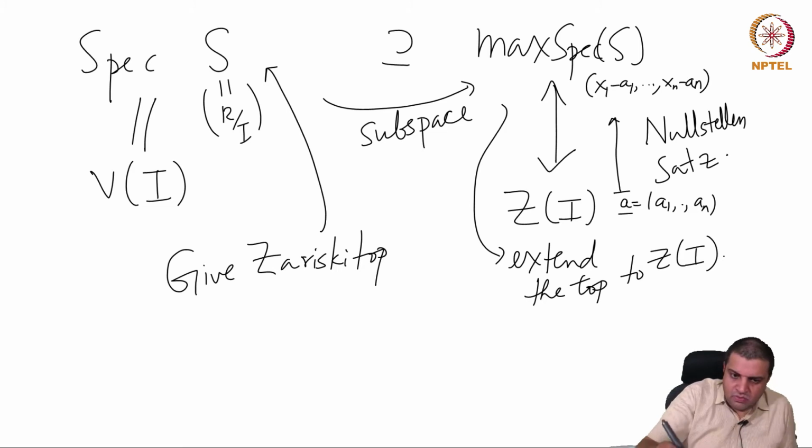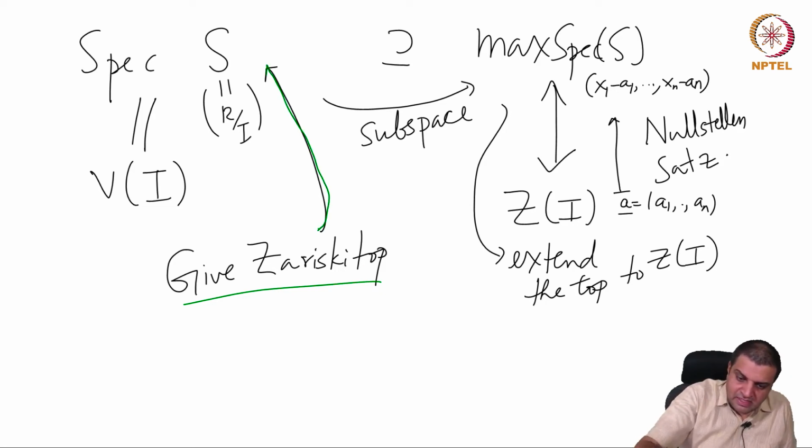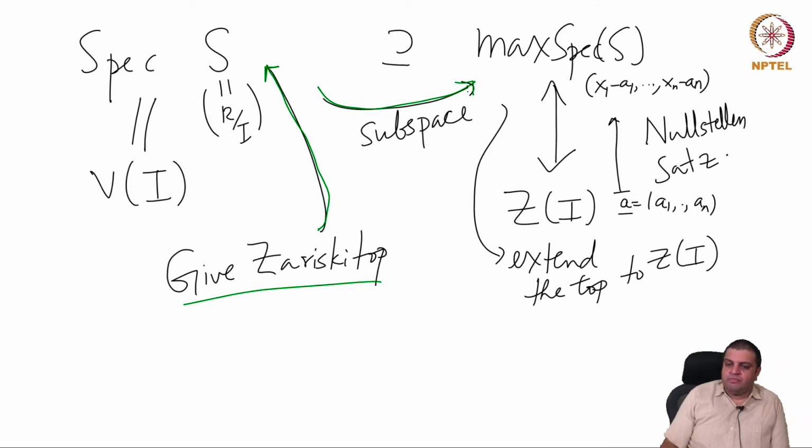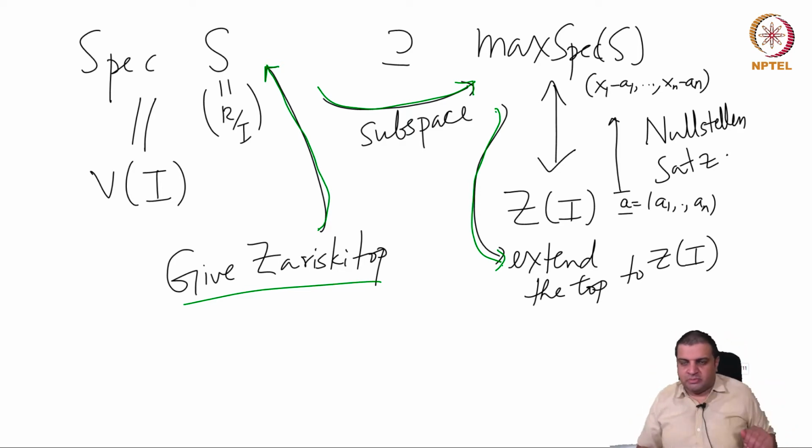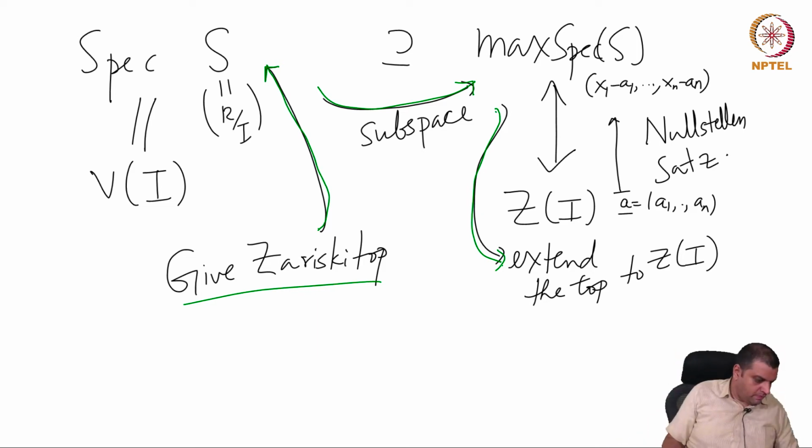I hope what we are doing is clear. We have given the Zariski topology to Spec S by saying V of J, where J is an ideal, those are the closed sets, and this is a subset. Then we can induce the subspace topology on that, and as sets they are the same, so we just use this bijection to induce a topology on this set. And we can talk about irreducible subsets here and irreducible subsets there, and that's what we want to explore now.